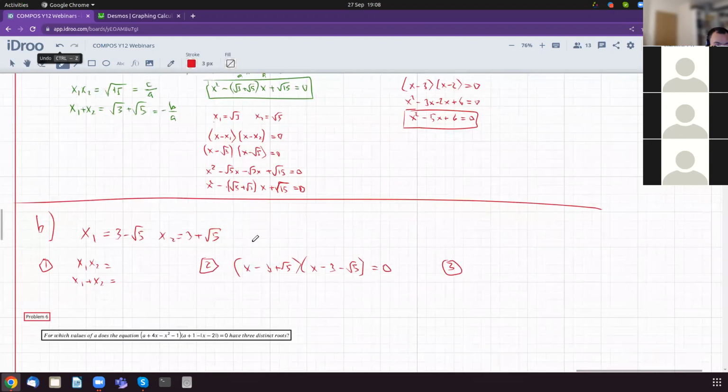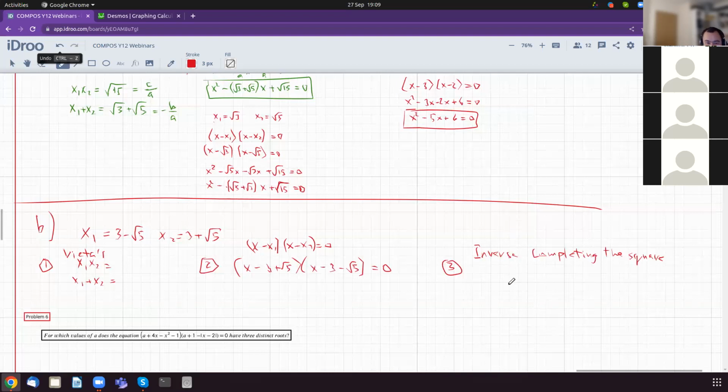Here I'm using (x minus x1)(x minus x2) equals 0. Here I'm using Vieta's. And this is called the inverse of completing the square.